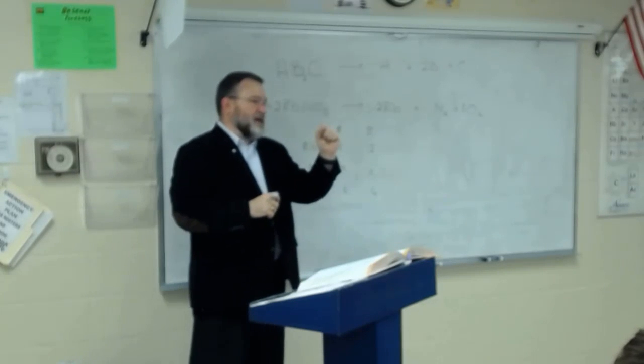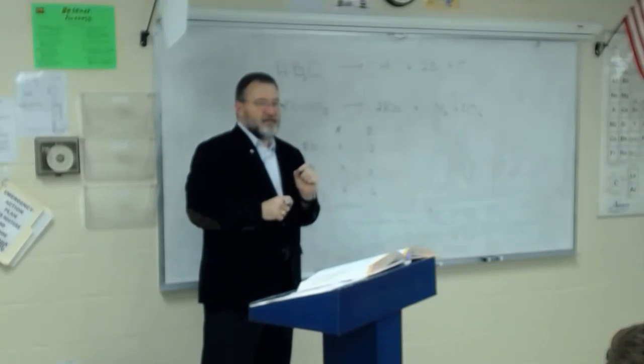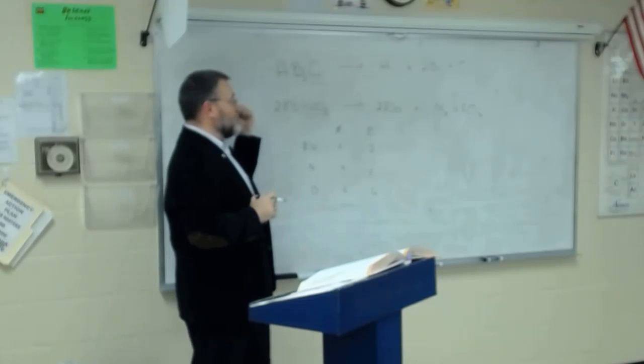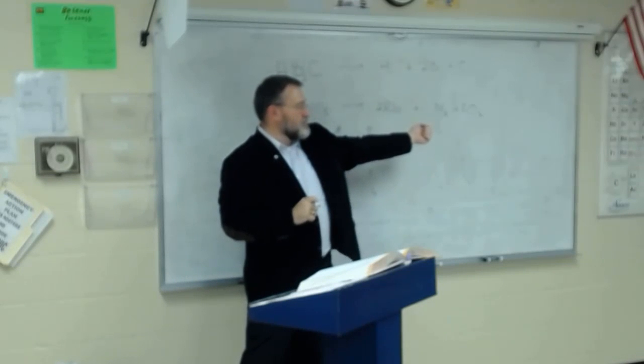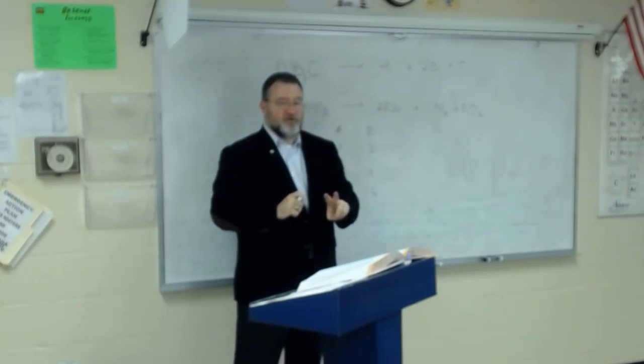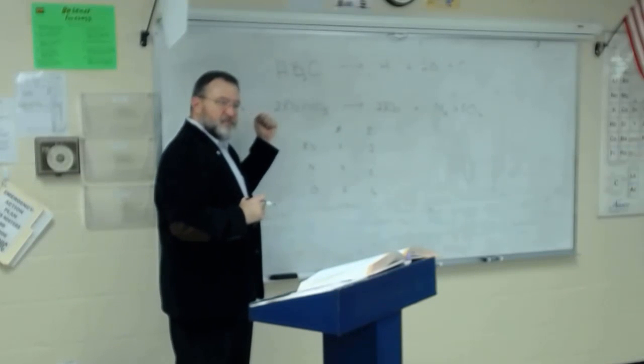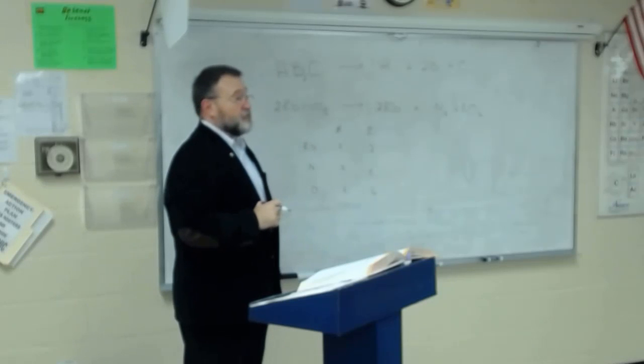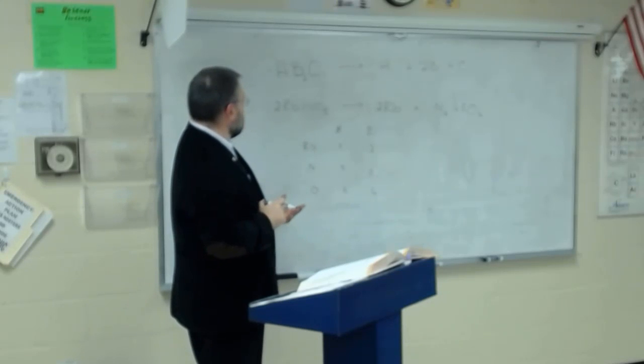I always have to go back now, one more step, which we often forget. Now that it's balanced, I go back and see, do I have any fractional coefficients? No. Okay. Next question. Is there a greatest common factor for every one of them? The greatest common factor for every one of them is 1, right?